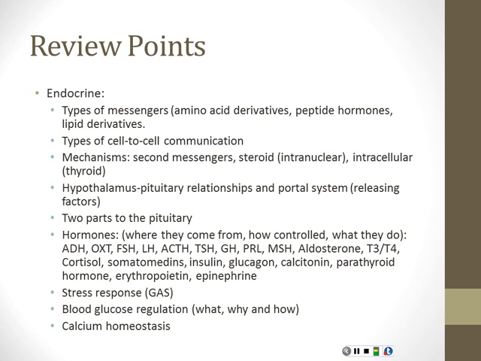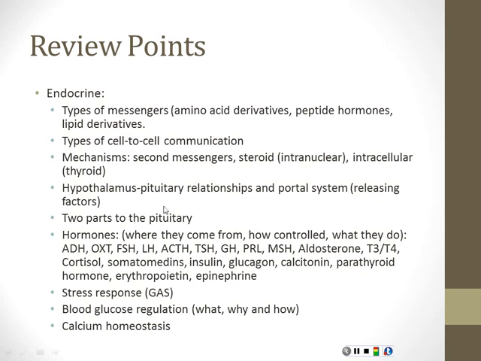So the hypothalamus releases chemicals, and they travel through a portal system that takes them to the pituitary. So the hypothalamus sends a signal to the pituitary, and then the pituitary releases all of those hormones that we're going to get to in a minute. So the connection there is the portal system, which is a venous system that takes blood from the hypothalamus to the pituitary.